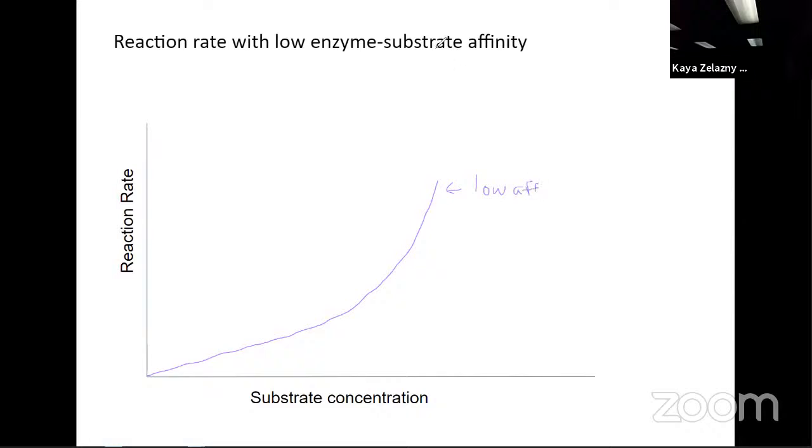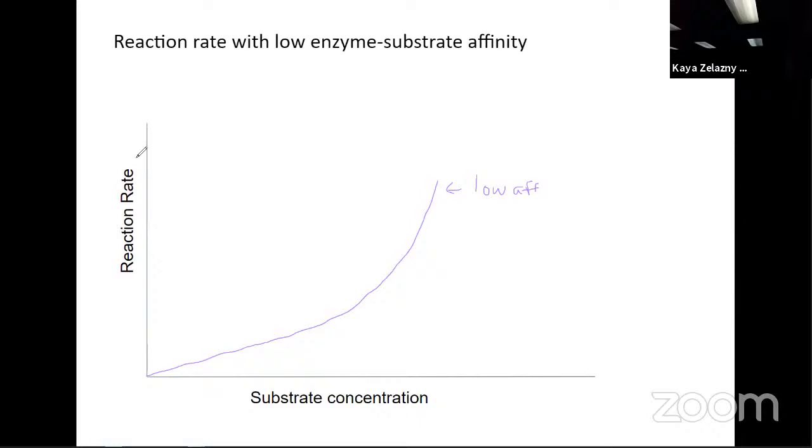Now the substrate and the enzyme are more attracted to each other. Is it going to be easier or harder to get the product? Think about it like you're trying to get a group of friends together. Is it easier or harder if your friends really, really like each other, or if it's someone you vaguely know?